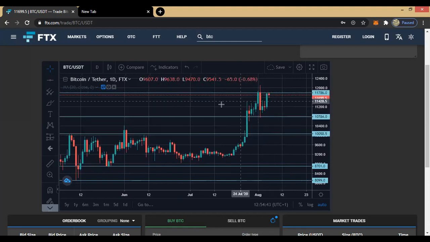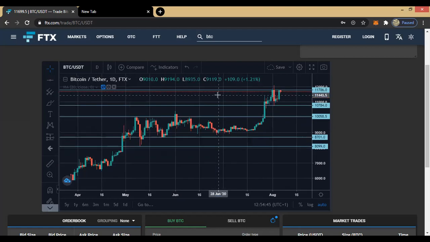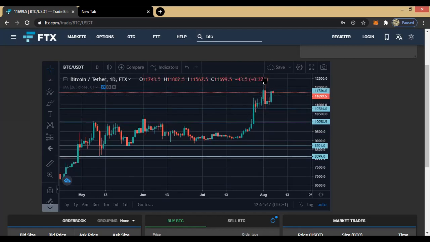We have a very strong resistance here at $12,000. If you check very well, the price actually touched 12,000. The highest it went was $12,104, I mean. So it actually touched $12,000 and then reversed.